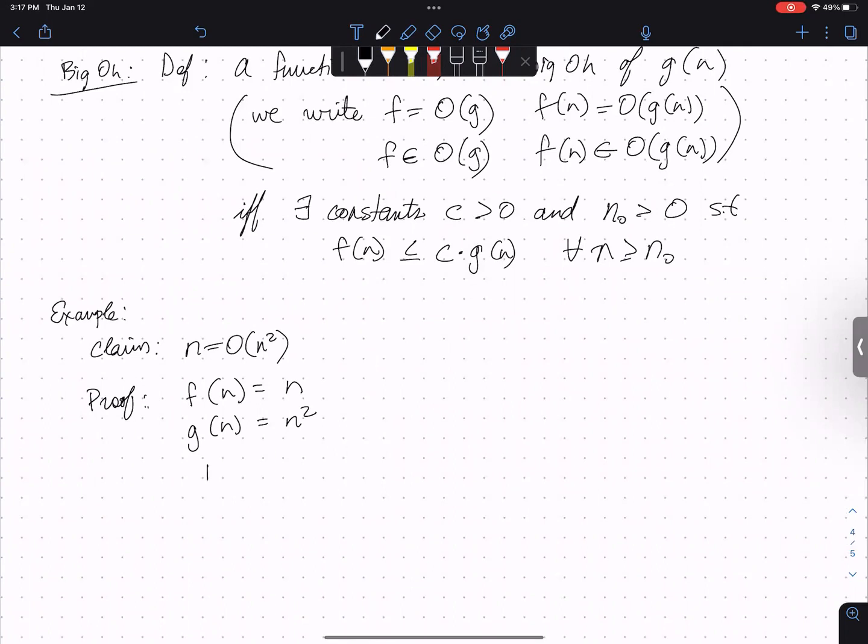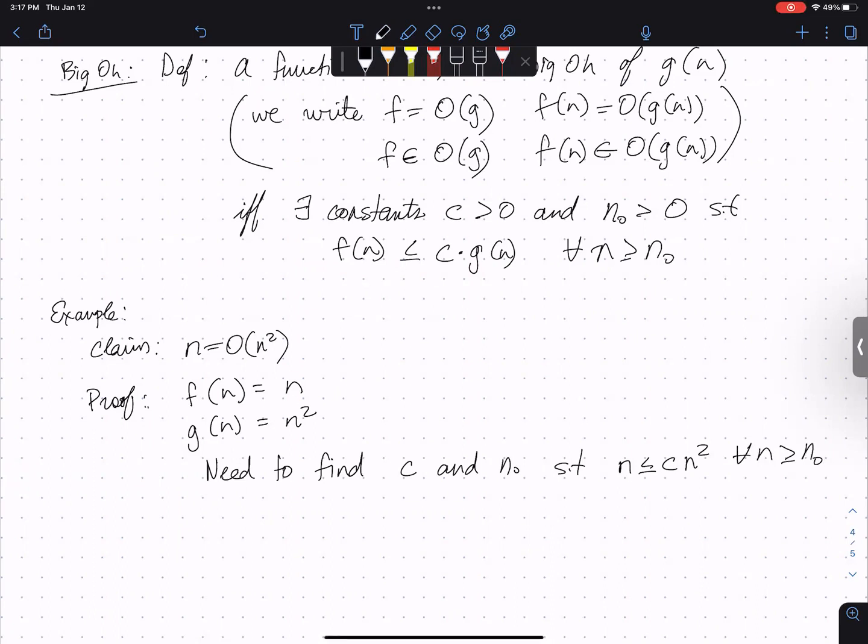Now, we need to find c and n naught such that f of n has to be less than this. So plugging in what those are, n is less than or equal to c times n squared for all n greater than or equal to n naught.